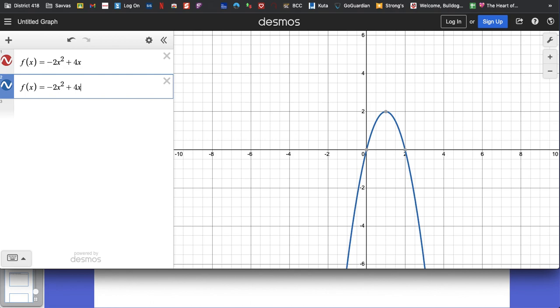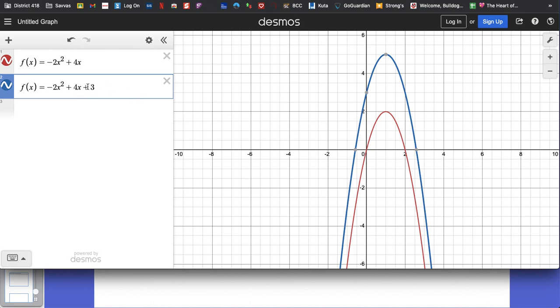So it's the same equation, but if I do a +3, look what happens to it. It's kind of predictable based on what we've already done. It just moves the graph up 3 notches, right? So the vertex of my original parabola was here, and if I add a +3, it goes up 1, 2, 3 units. So that C value moves the graph in a vertical direction.